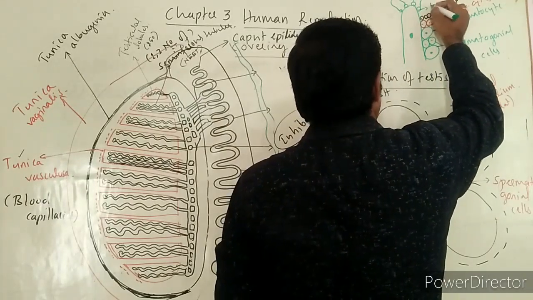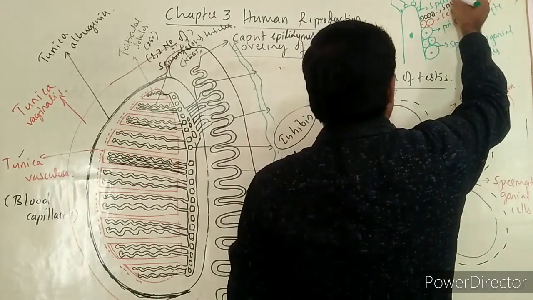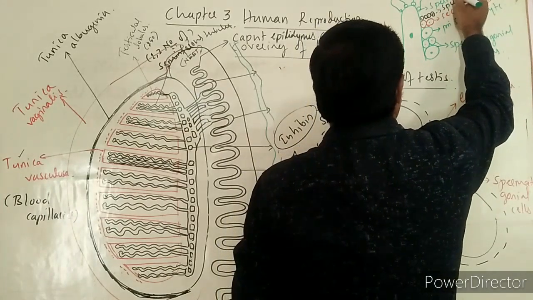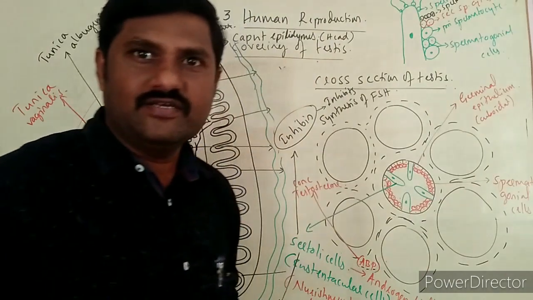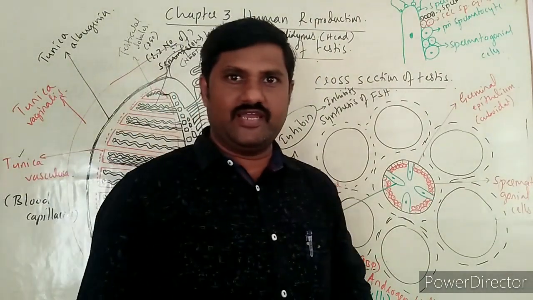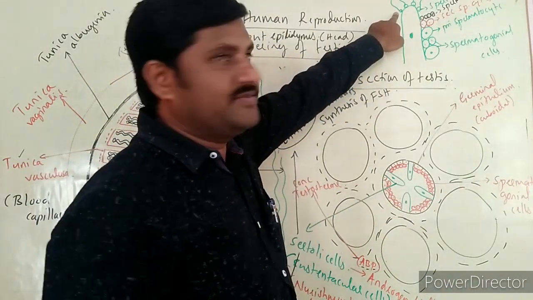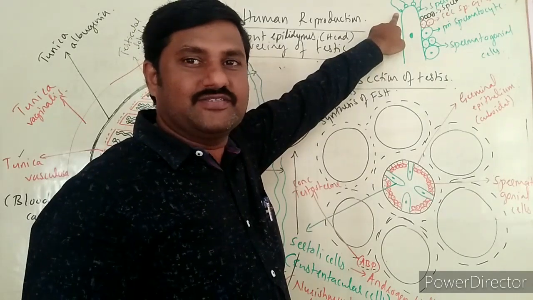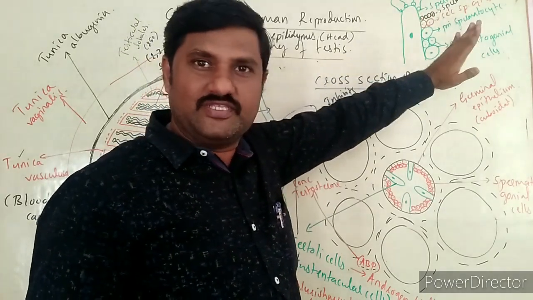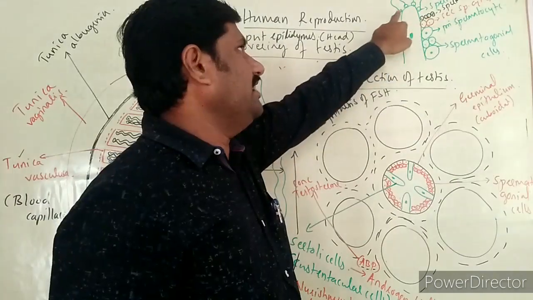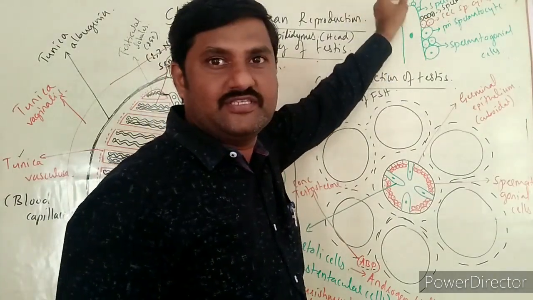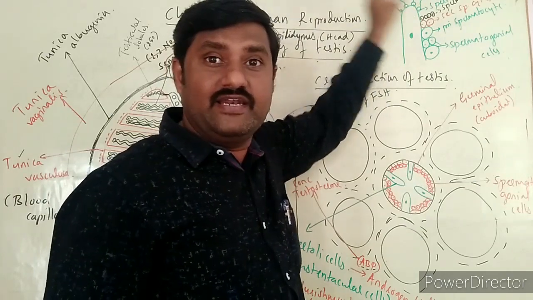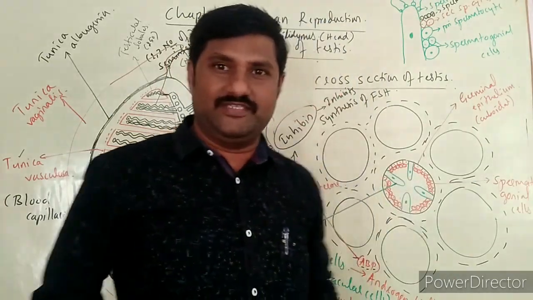So this is how the production of sperms takes place over here, and the head of the sperm is embedded into the Sertoli cell. Why? Because they are getting nourishment from the Sertoli cell.